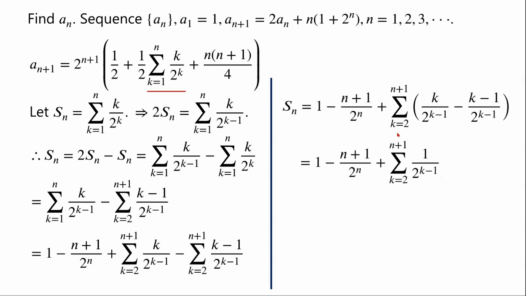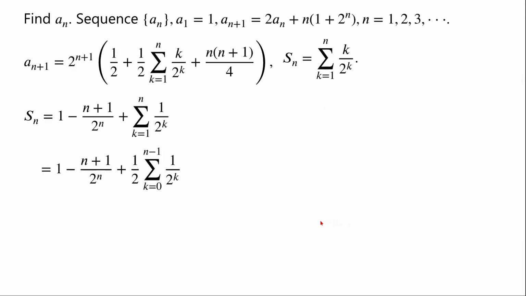So this term can now be written as sigma k equals 2 to n plus 1 of 1 over 2 to the power of k minus 1, which can be written as sigma k equals 1 to n of 1 over 2 to the power of k, which can be written as a half sigma k equals 0 to n minus 1 of 1 over 2 to the power of k.